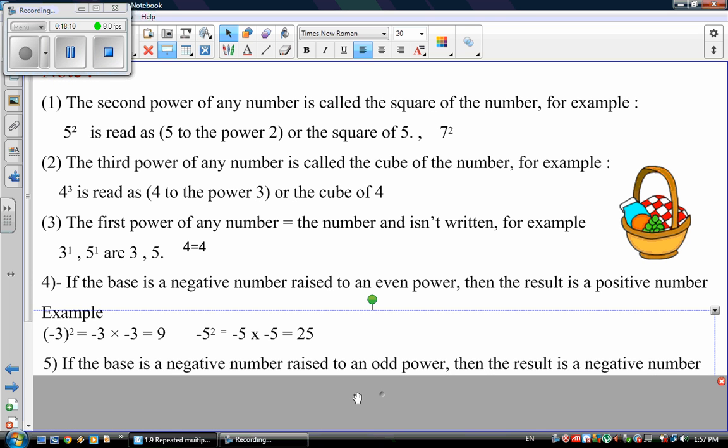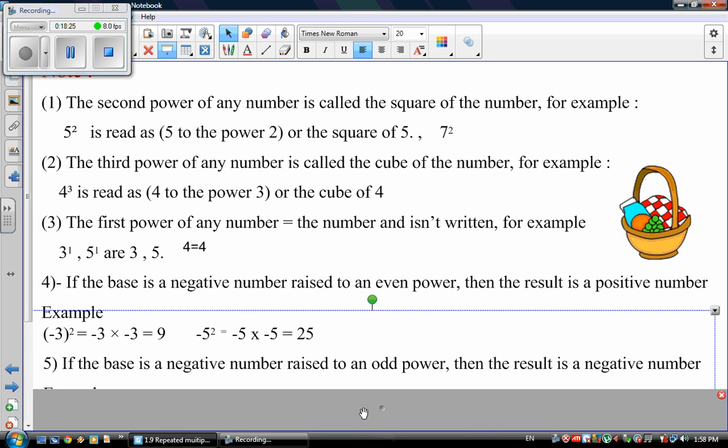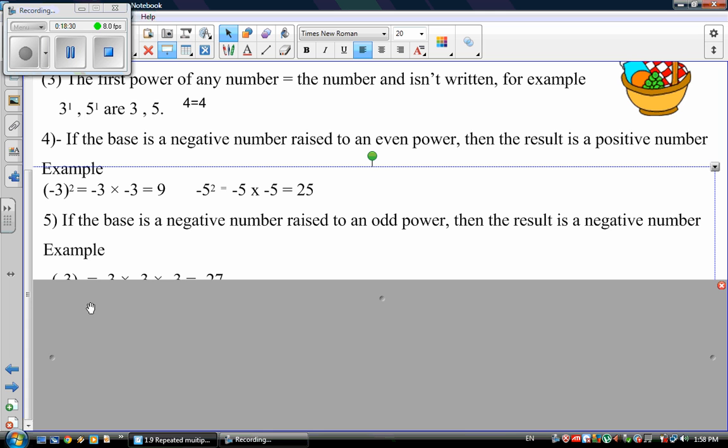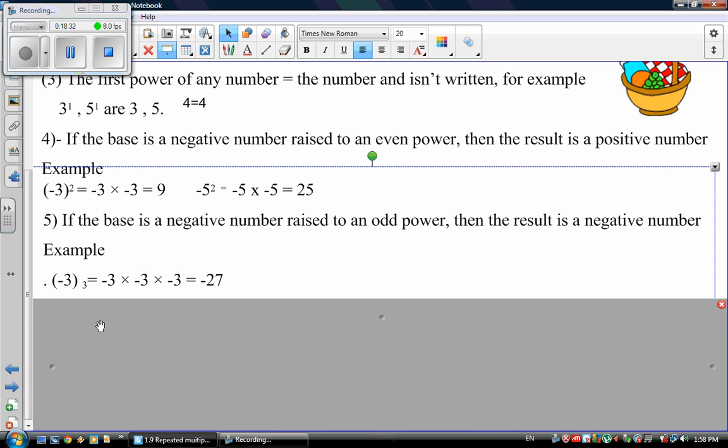The next rule, vice versa. If the base is a negative number, but it's raised to an odd power, the result is a negative number. Example, negative 3 to the power 3, and the 3 is an odd power.